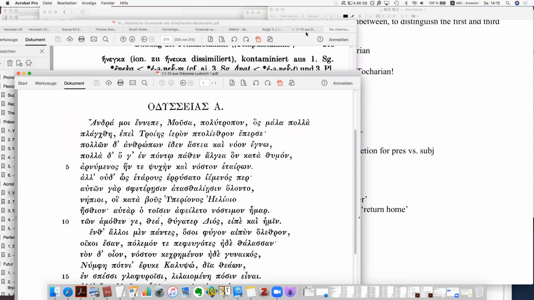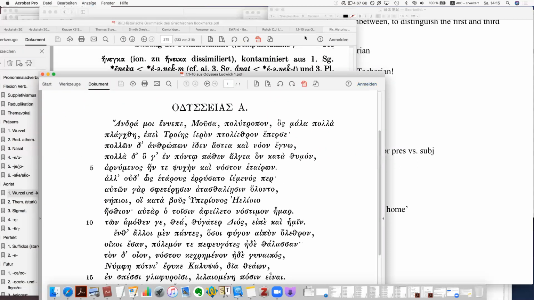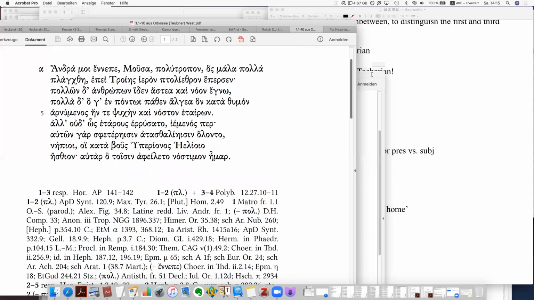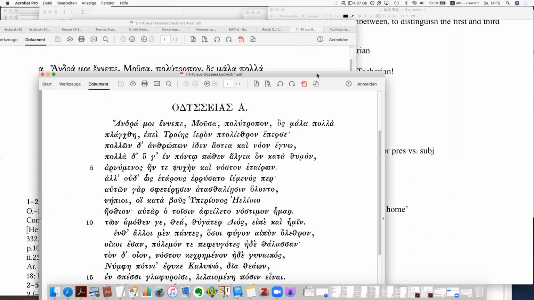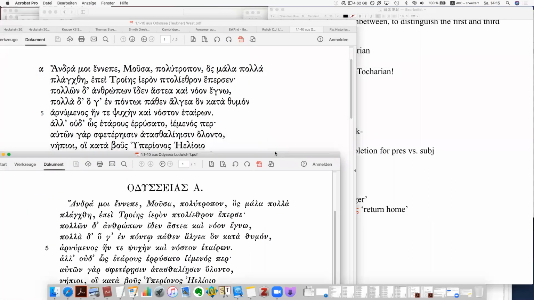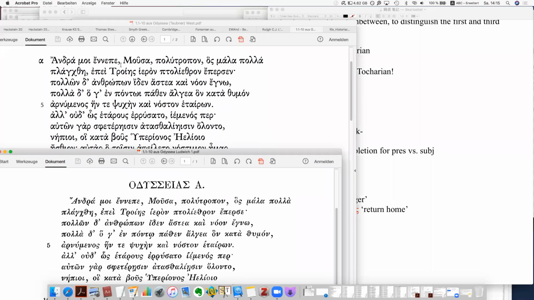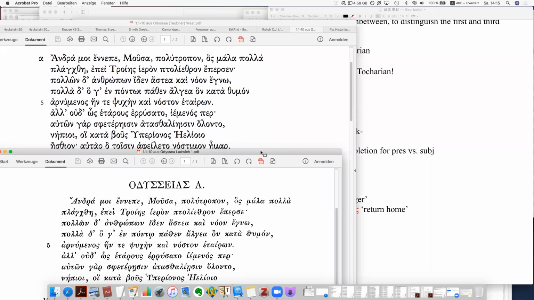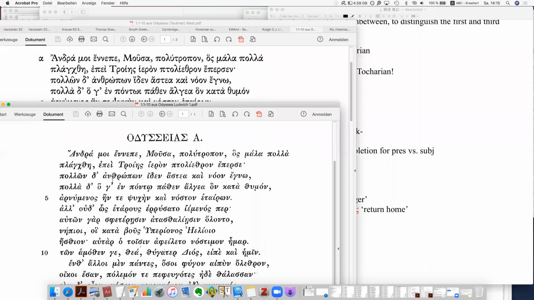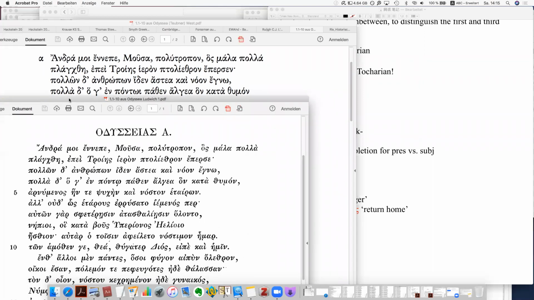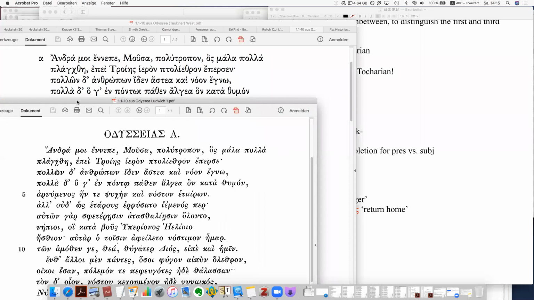This is Ludwich. You can compare which font you like. This is the modern edition, and this one is about 100 years older. Okay, so you all prefer Ludwich.